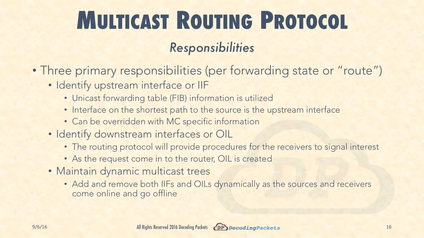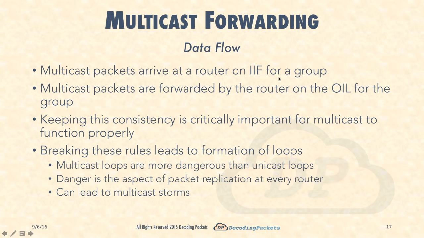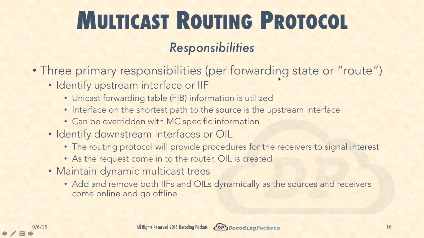We have talked about what is contained in the actual multicast routing table or the forwarding table. So now it's time to talk about how that table actually gets populated, hence the multicast routing protocol. The multicast routing protocol in a domain has 3 primary responsibilities. It does other things too, but for every single forwarding state, or every single what we have called route, it has 3 primary responsibilities.